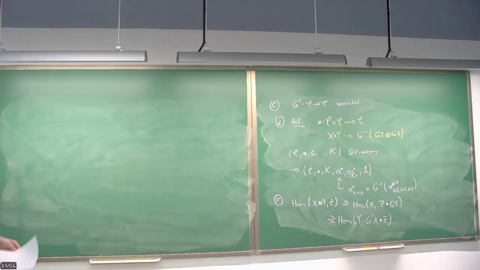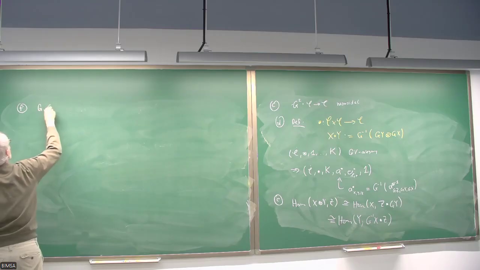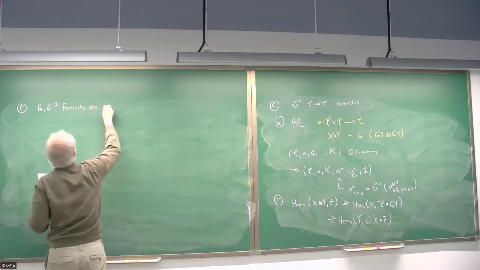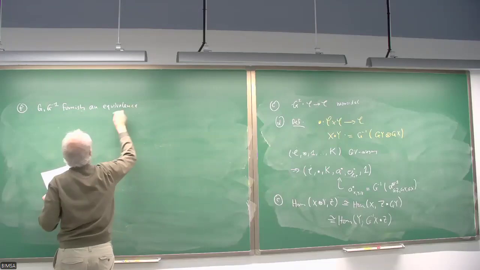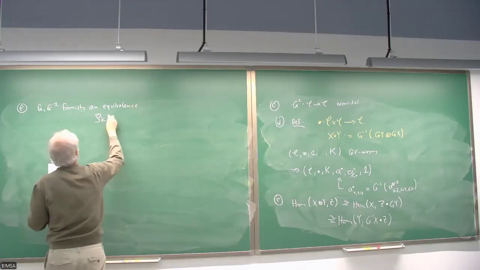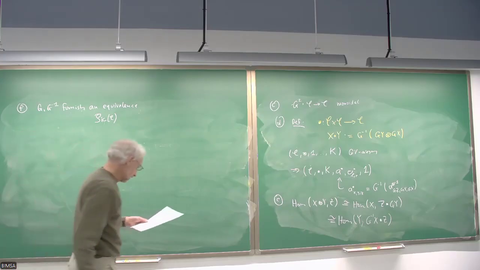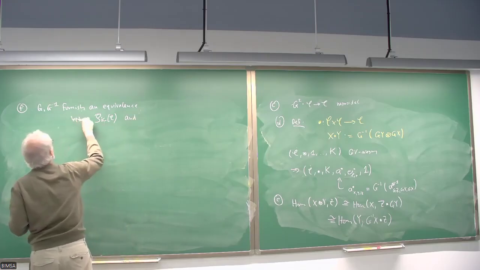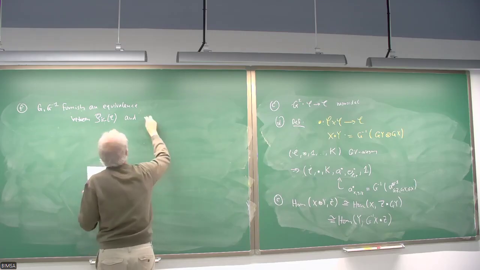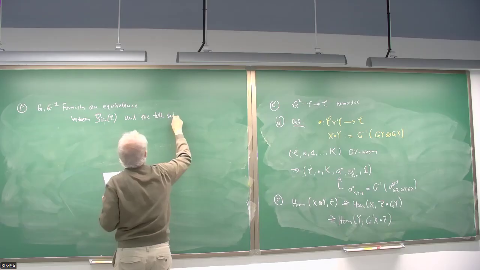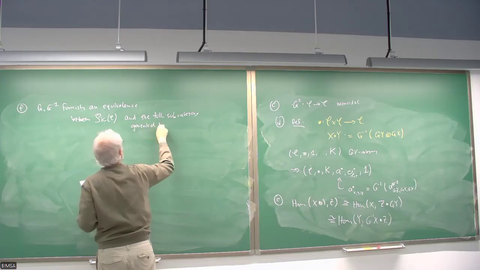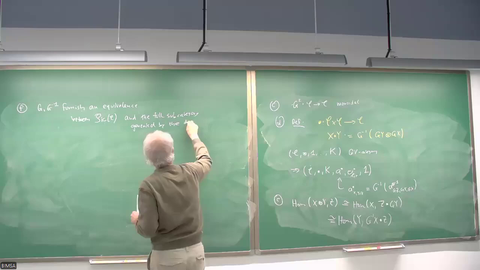And as shown by Boyarchenko and Drinfeld, actually G and G inverse furnish an equivalence between the Picard groupoid of C, so the subcategory generated by the invertible objects, and the full subcategory generated by the dualizing objects.